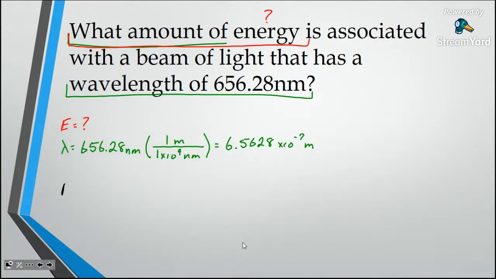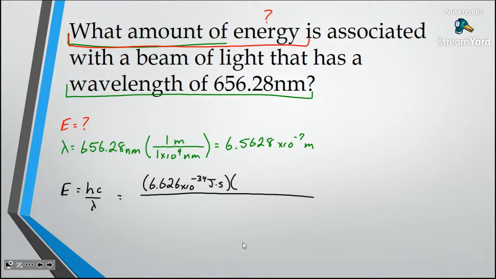And the equation that I'm going to want to use is E equals hc per lambda. So when I substitute in, h is my constant of 6.626 times 10 to the negative 34th joule seconds. C, the speed of light, is 3.00 times 10 to the 8th meters per second. And then wavelength of 6.5628 times 10 to the negative 7th meters.